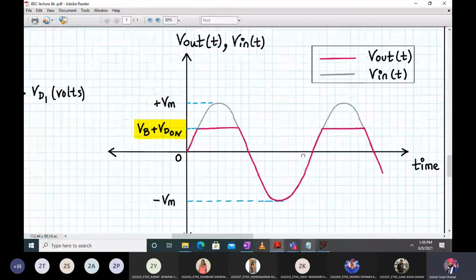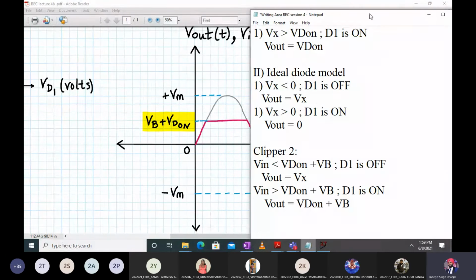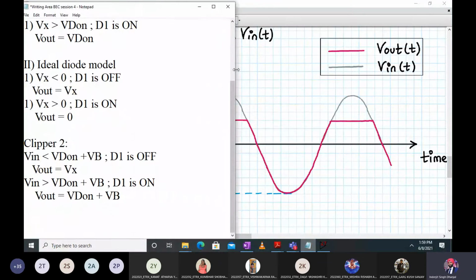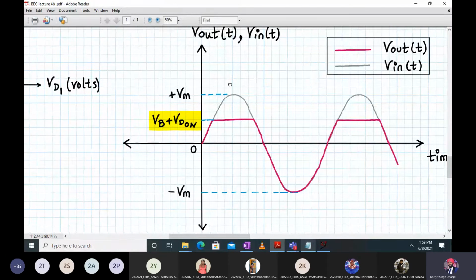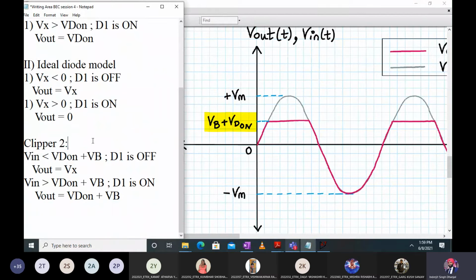So remember, it is similar to the earlier one. Earlier we had just the VD on value, but right now we have added a battery in series. So what will happen? Let me just take this. Yeah. So now what will happen?